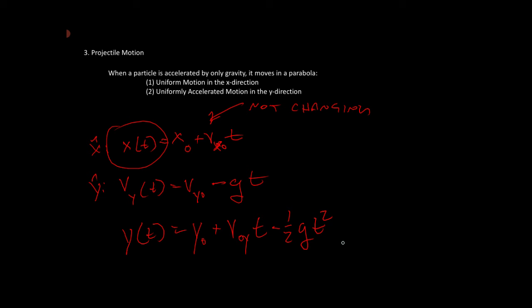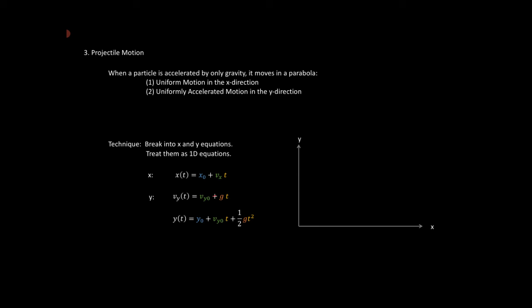So that's why it's a parabola, because this is squared here. That means it's a parabola. Okay, so that's what we have. There should be a minus sign.